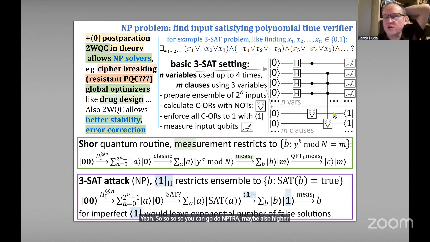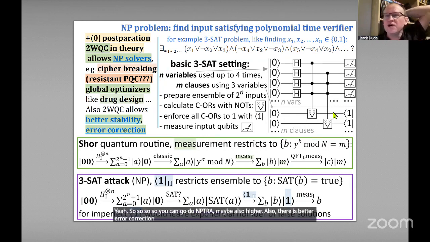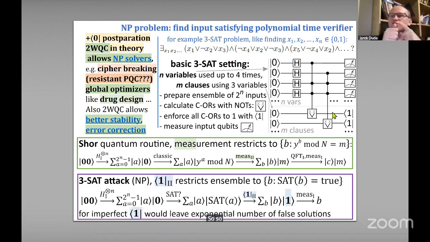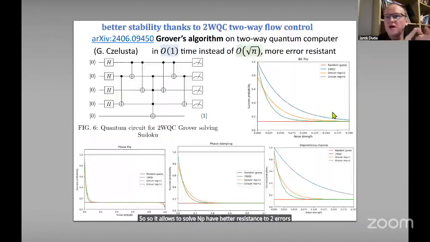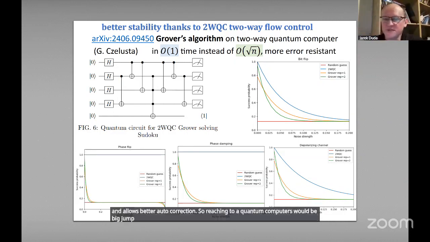Also, there is better error correction. For example, you could enforce the use of a superposition of only code words of some classical error correction. So it allows us to solve NP, have better resistance to errors, and allows better error correction. Reaching two-way quantum computers would be a big jump in the possibilities.